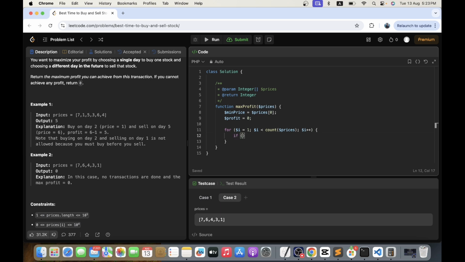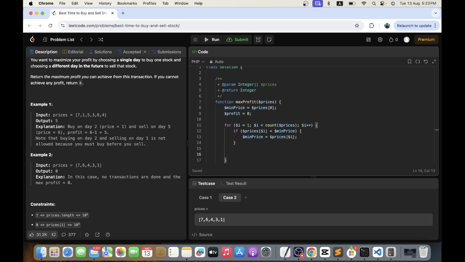So we have the first condition: if prices[i], the D2, is less than min price, then we should assign min price to prices[i]. And we should check for profit. Profit would be prices[i] minus min price.